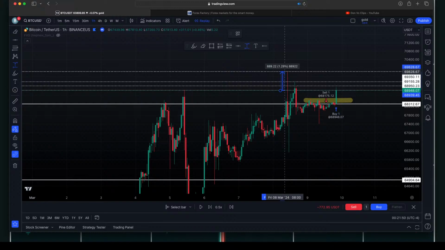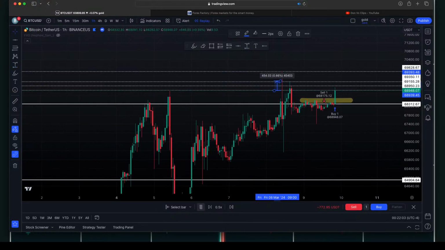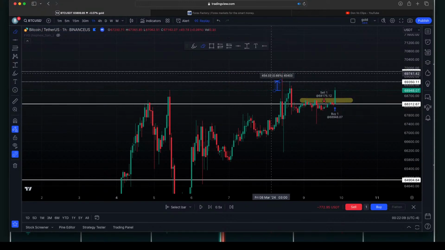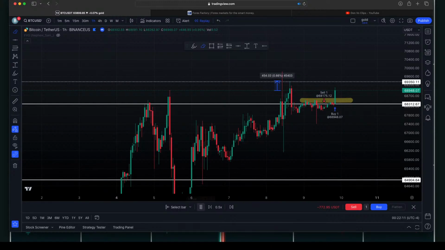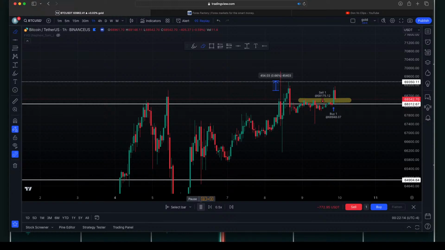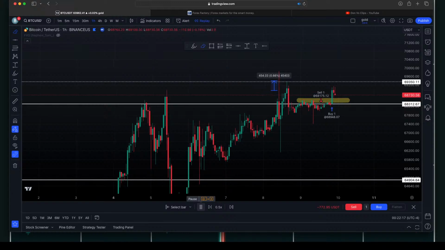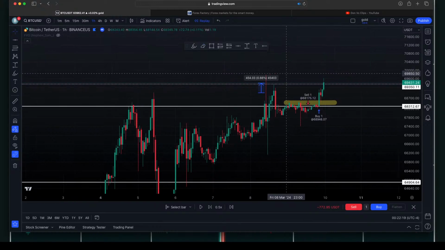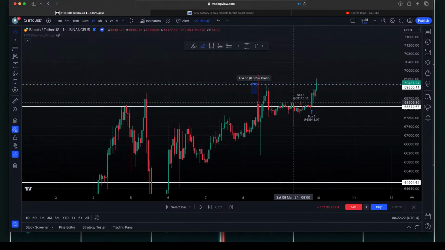So half of 130 would be 65. 65 would be here. So my guess is maybe let's see if it goes to the 65 area, which would be pretty much that wick right there. And it did go to that wick. So that idea was kind of correct.